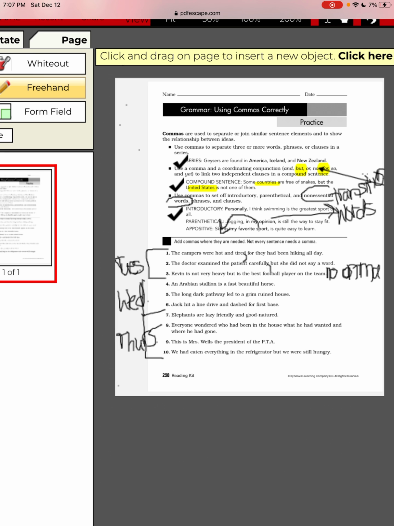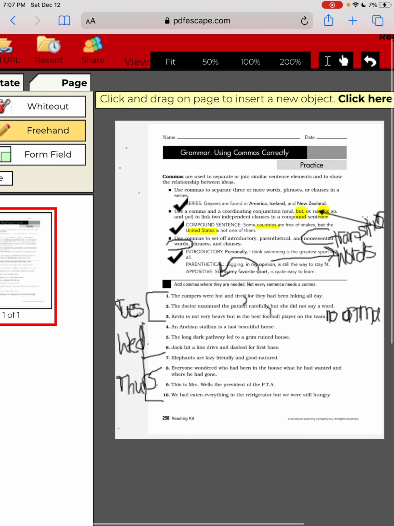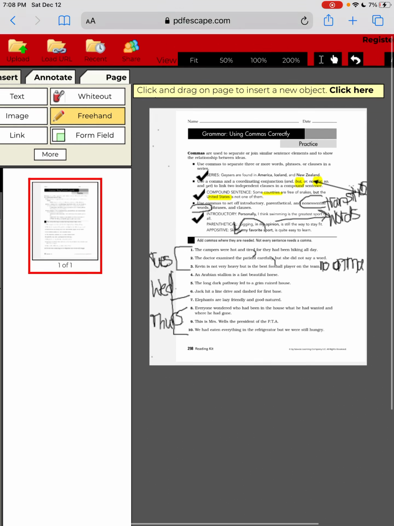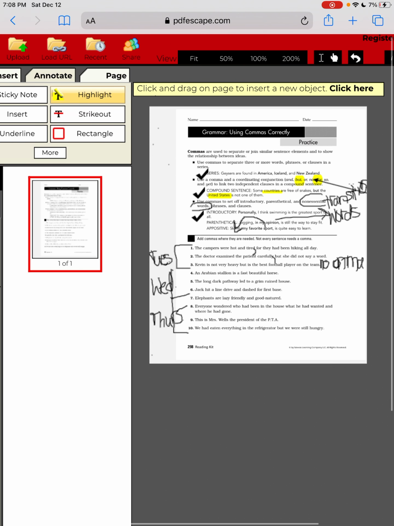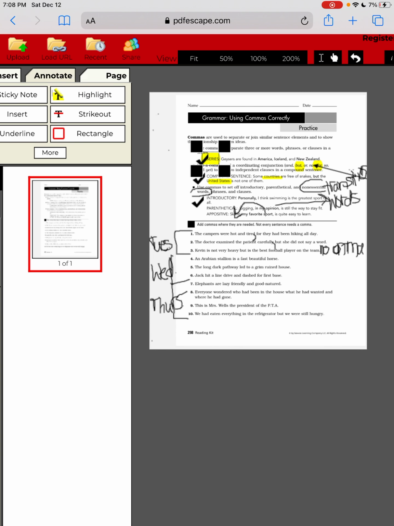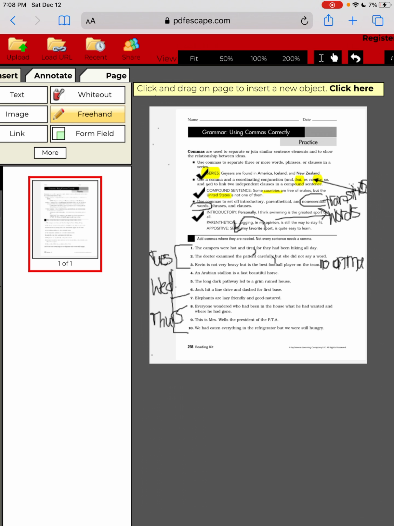An Arabian stallion is a fast, beautiful horse. Here we have items in a series. We have fast, beautiful. So 2 adjectives used together have to have a comma.